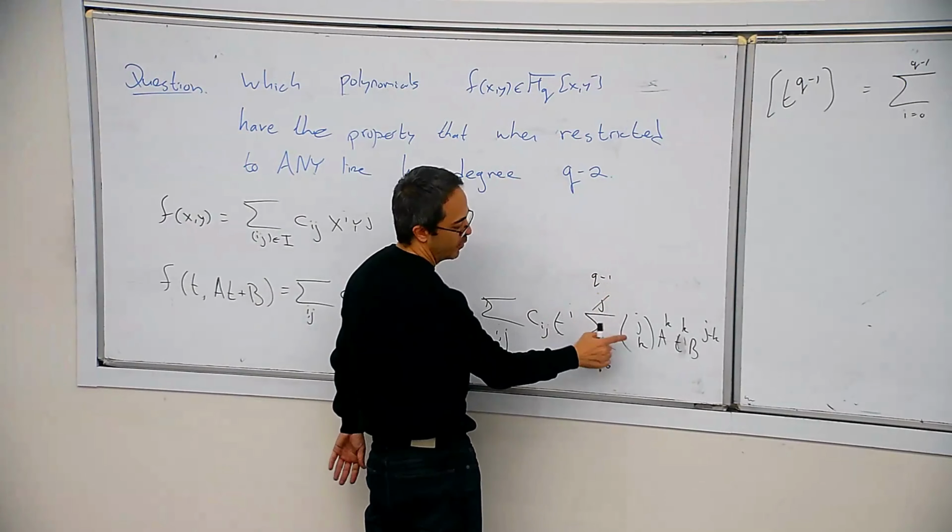Now, q minus 1 minus i: in terms of bits, what is the relation between the bits of i and the bits of q minus 1 minus i? You flip all the bits, right?